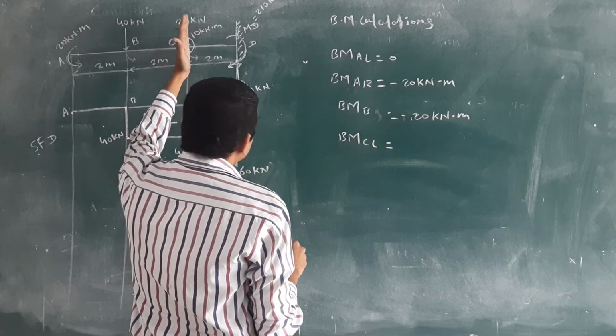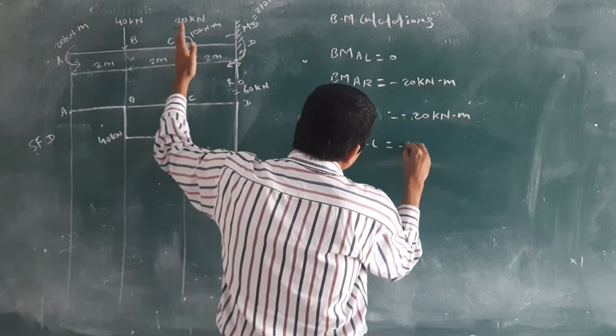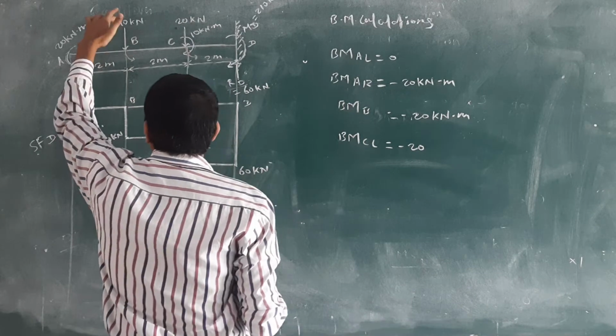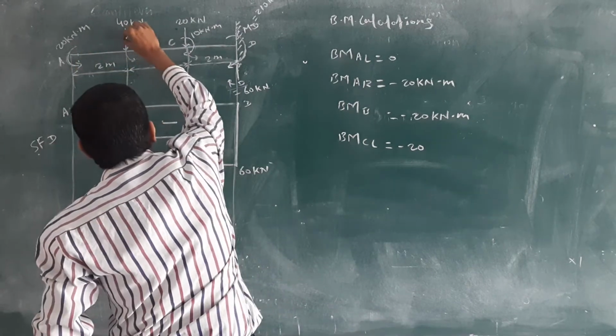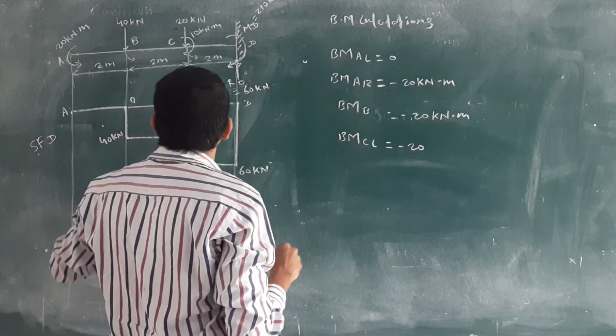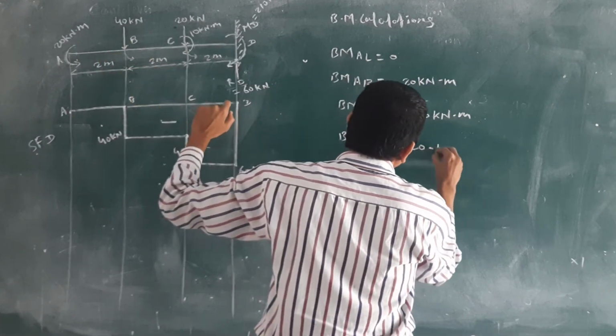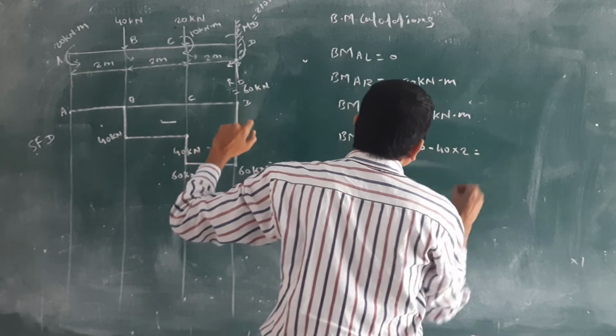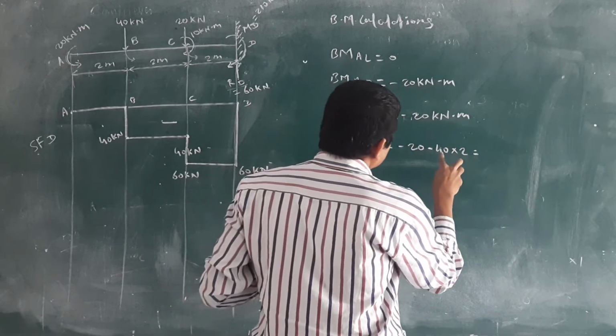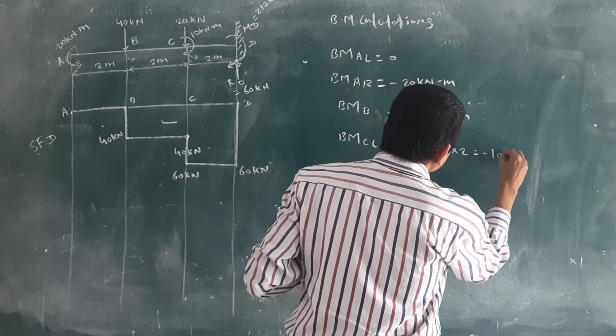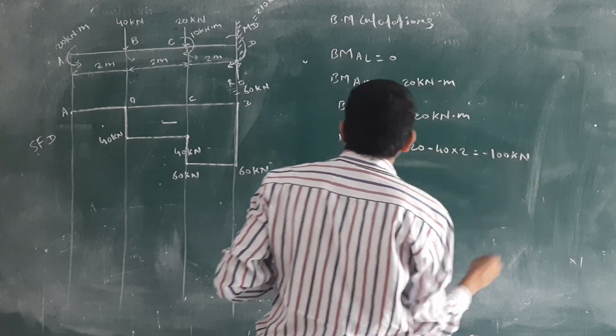Bending moment at C, just left side. Check that. This minus 20 and one more load. This load is going anti-clockwise direction. Anti-clockwise direction means minus 40 into 2 meter. Minus 40 into 2 meter. You will get minus 100 kilonewton meter.